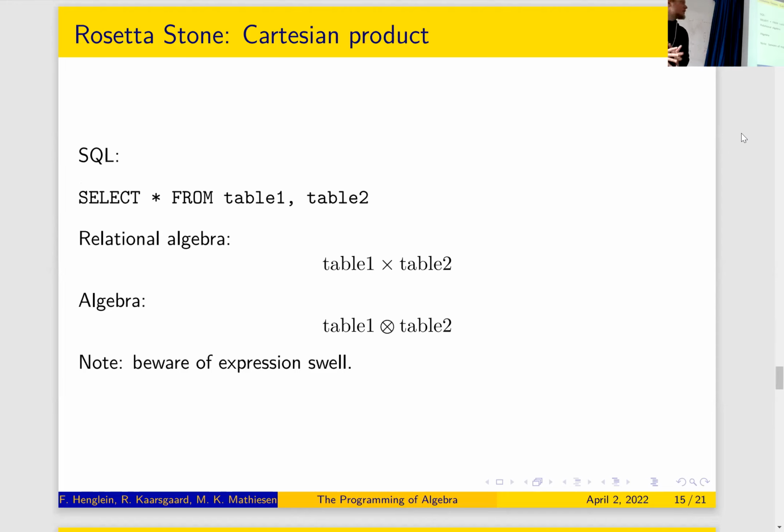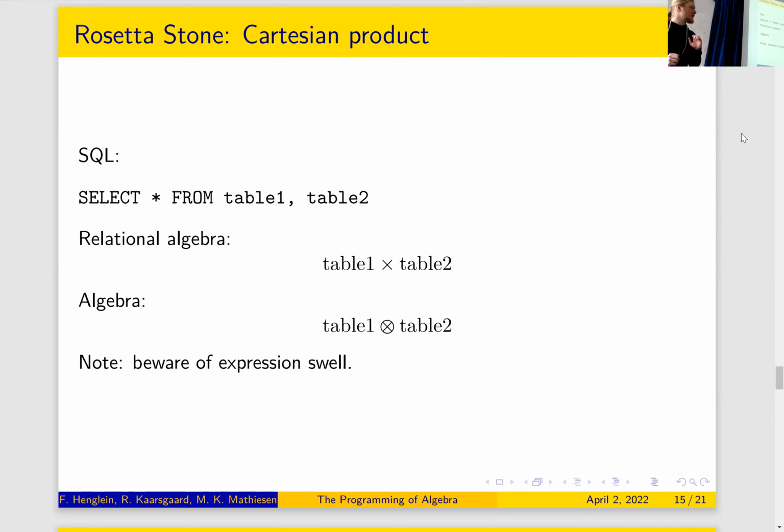Cartesian product in SQL is like you just write table 1 comma table 2. Usually, I think database experts might run away if you actually try to write this down, because you're taking one big table, another big table, and making the cross product. So then you'll have like 1,000,000 times 1,000,000 elements in the output. This sounds expensive, right?